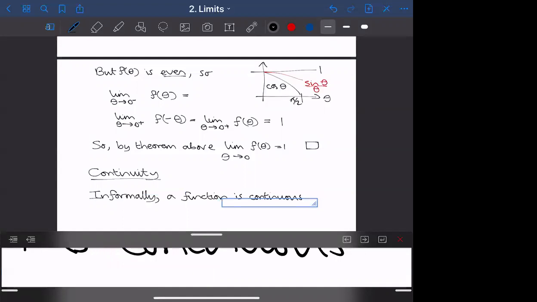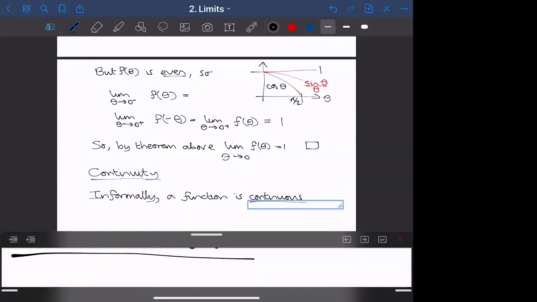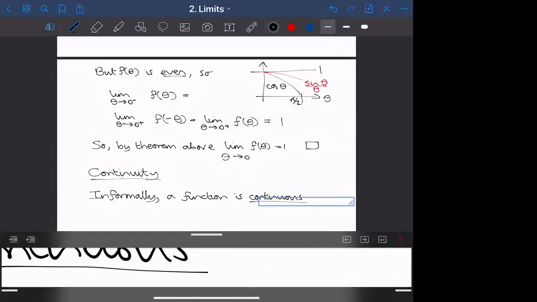And I'm going to give an informal definition of continuity.